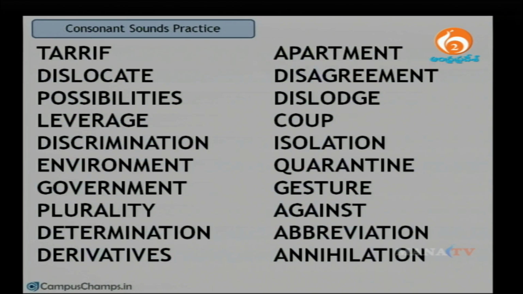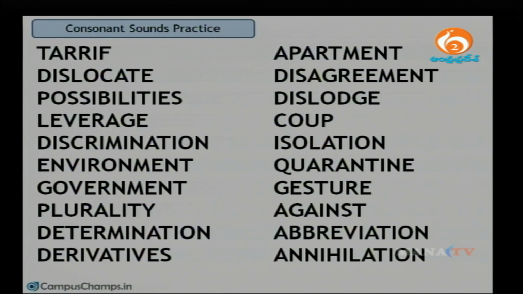Now let's have a quick pronunciation practice. And as a part of the assignment, I want you to give me more examples from the 24 sounds we covered. Let's begin. Tariff, dislocate, possibilities, leverage. Now what I want you to do, if you're watching it on TV or on your computer, please repeat after me.